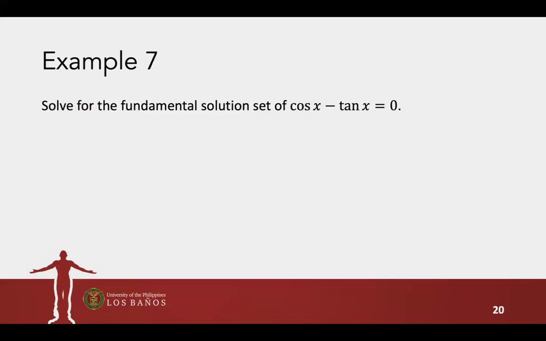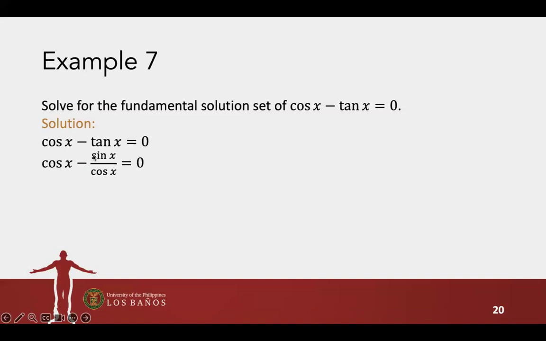Let's have example 7. So solve for the fundamental solution set of cosine x minus tangent x equals 0. So with this, since we know that we can write tangent in terms of cosine, all we need to do is to change tangent using the ratio or the quotient identity.